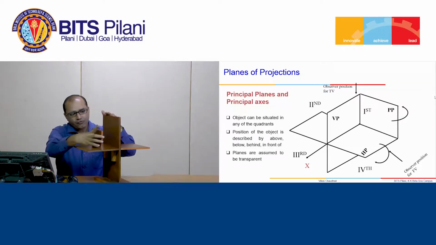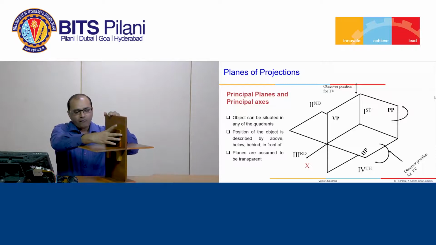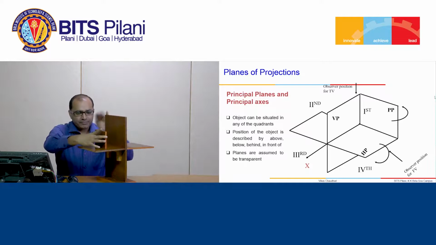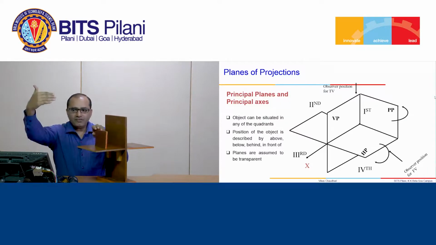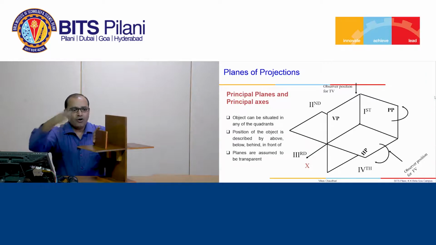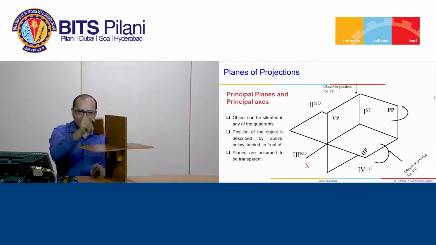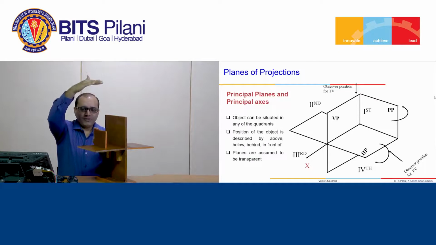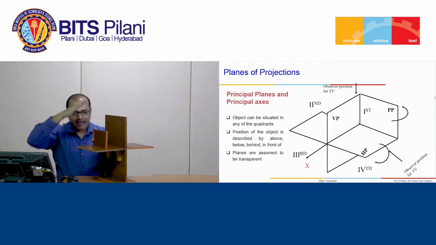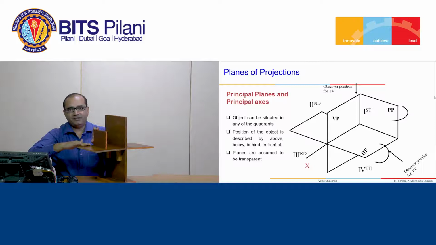Okay. Top view will be projected on the horizontal plane. Now you see the sequence: observer you have, object you have, and plane of projection you have, when object is kept in the first quadrant. Okay. Then for top view also, observer is here, object is here, and plane of projection is here.